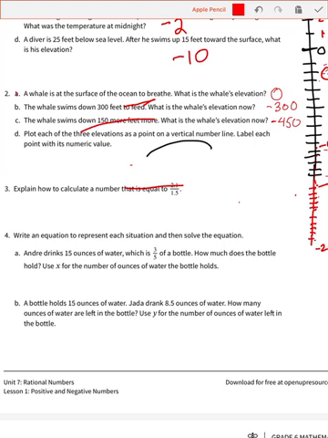And plot each of the 3 elevations as a point on a vertical number line. Label each point. Okay, so the number line I have there is 2.